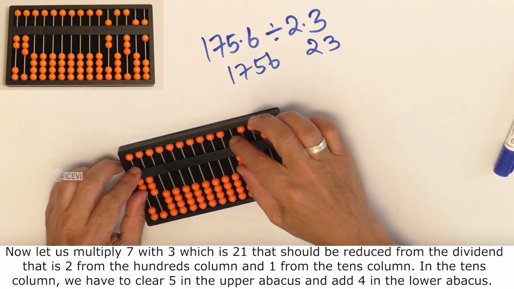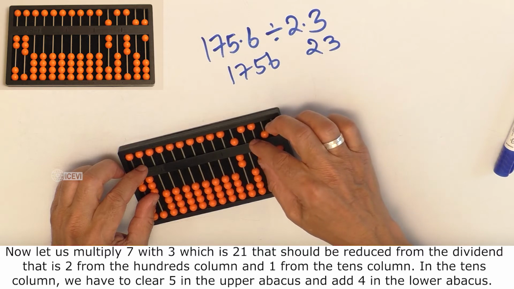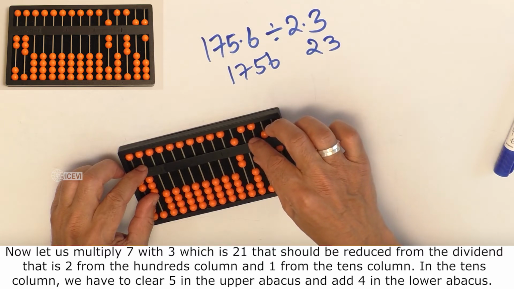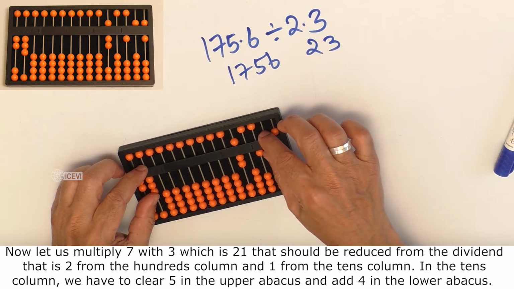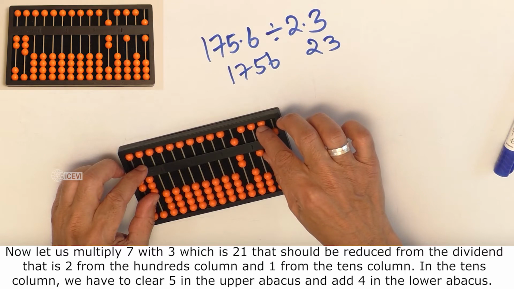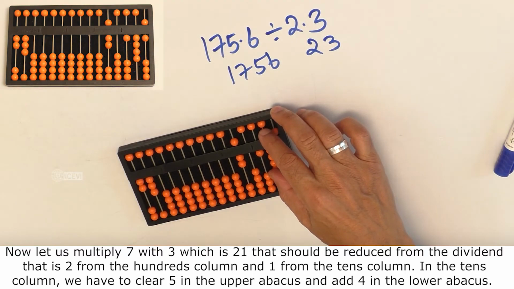Let us multiply 7 with 3, which is 21. That should be reduced from the dividend, that is 2 from the hundreds column and 1 from the tens column. In the tens column, we have to clear 5 in the upper abacus and add 4 in the lower abacus.